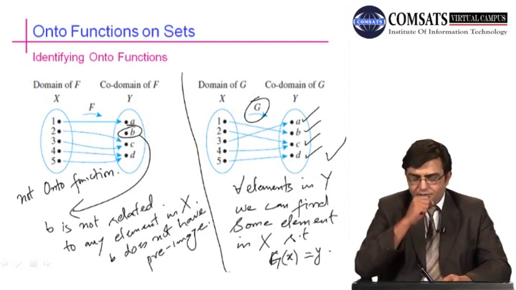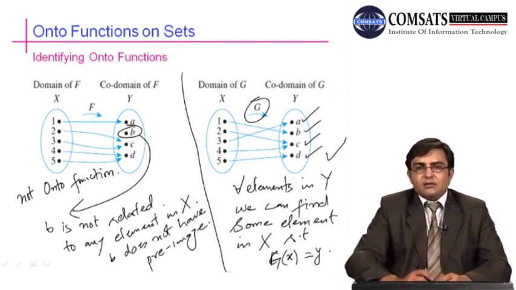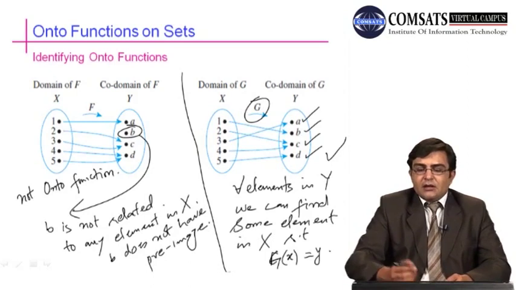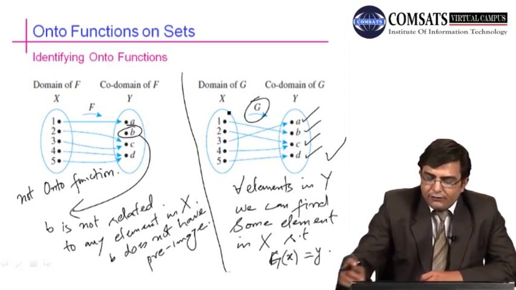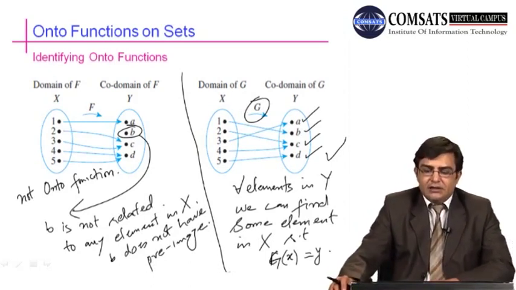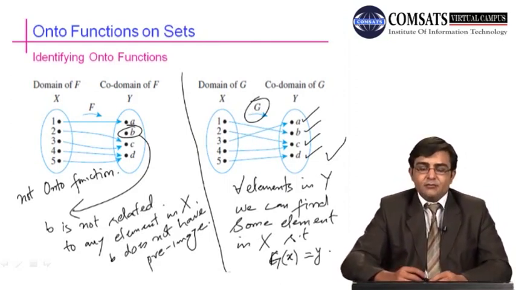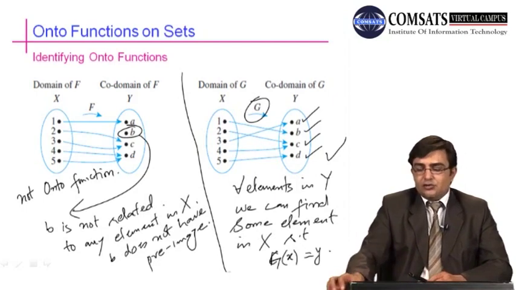One thing we can say about onto functions is that if the range of the function is equal to the codomain of that function, then that function will be onto.